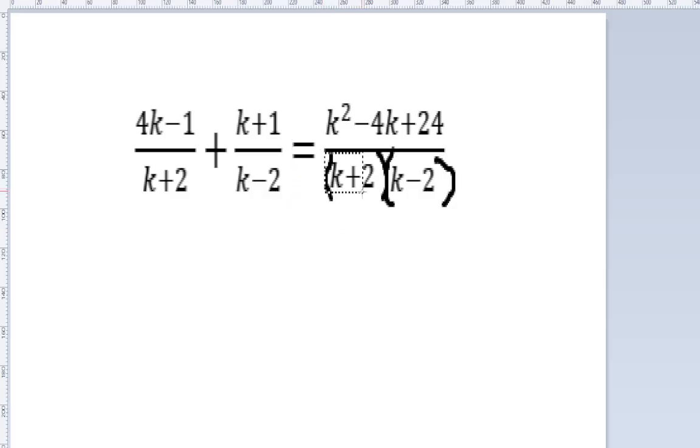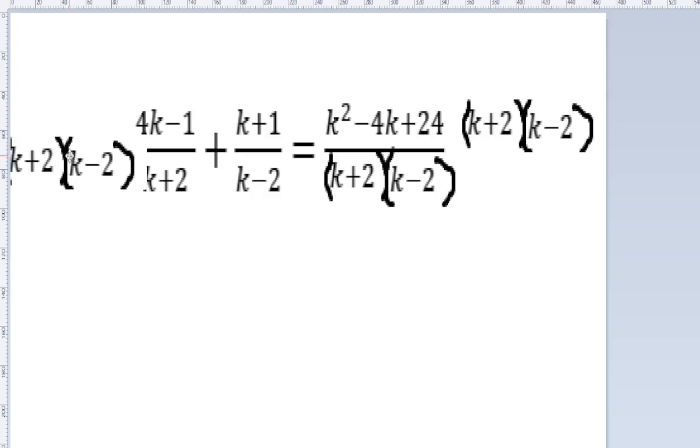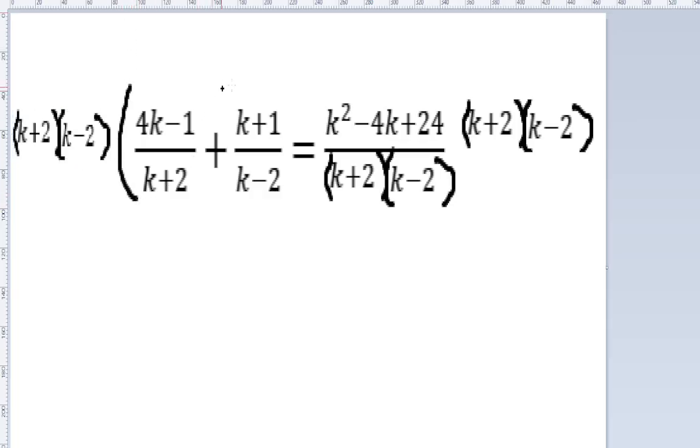That means you multiply the whole thing like that, or you can do one at a time if you're more comfortable. But if I multiply the right, I have to multiply all of the left. On the right, it just cancels. It makes my life really easy.